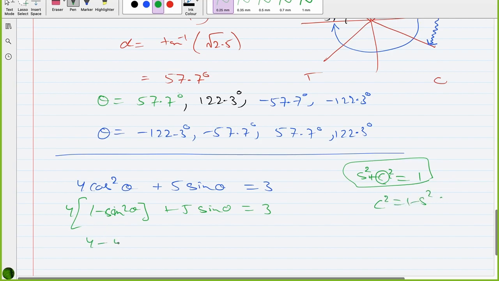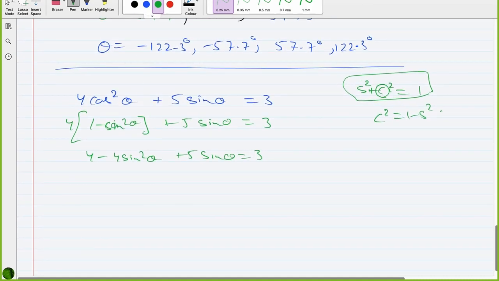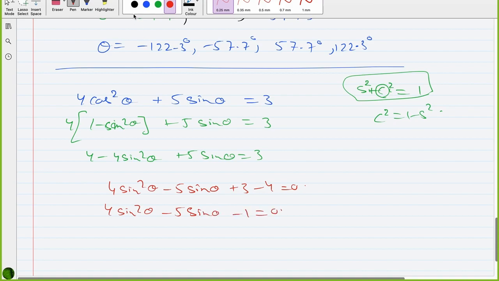So 4 minus 4 sine square theta plus 5 sine theta is equal to 3. Rearranging, taking this on the other side, 4 sine square theta minus 5 sine theta plus 3 minus 4 is equal to 0. So 4 sine square theta minus 5 sine theta minus 1 is equal to 0.